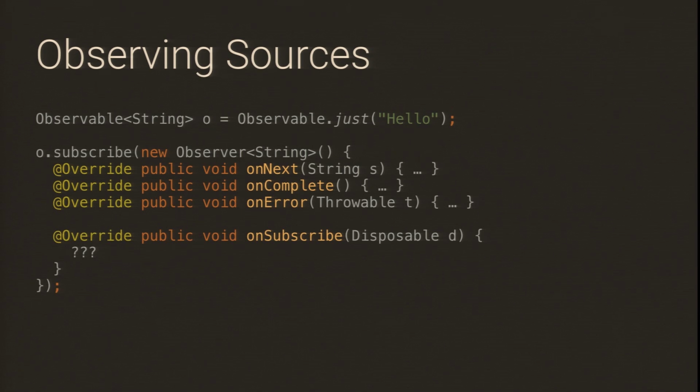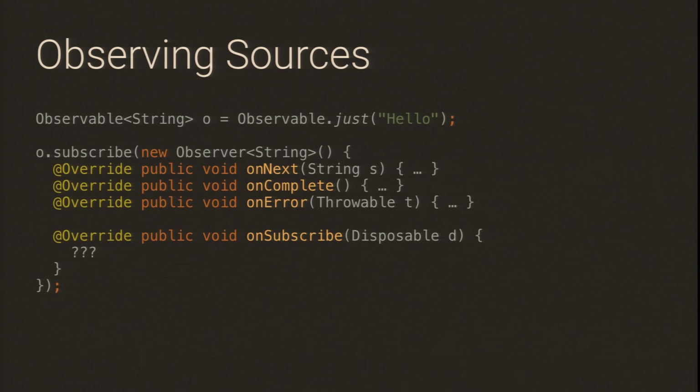And so what you want to do is not lose that disposable, because otherwise you're essentially at the mercy of the source and you can never unsubscribe from it. But it's sort of annoying that you have to manage this within the callbacks instead of having a reference to the subscription when you actually do the subscribe call. And the reason for this is not only because of those reactive streams interfaces, but because it actually allows the internal architecture of RxJava to be a lot more efficient.